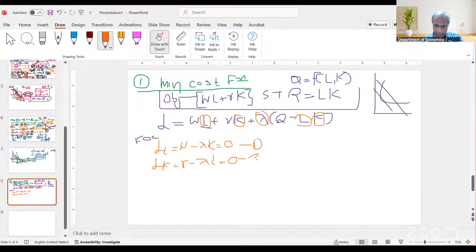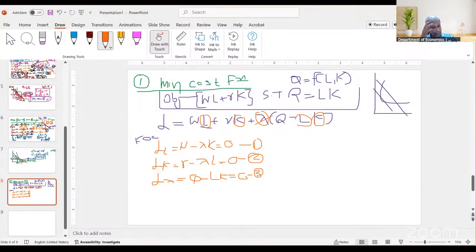That way we get the second equation. The third equation, what you get when you differentiate with respect to lambda, there you get Q minus L K equals 0, like that.